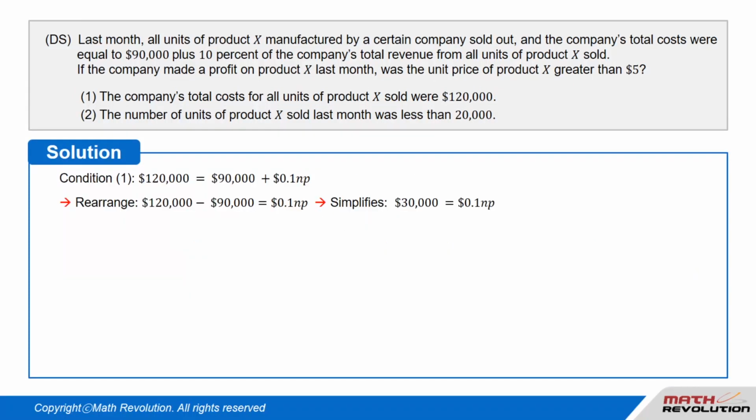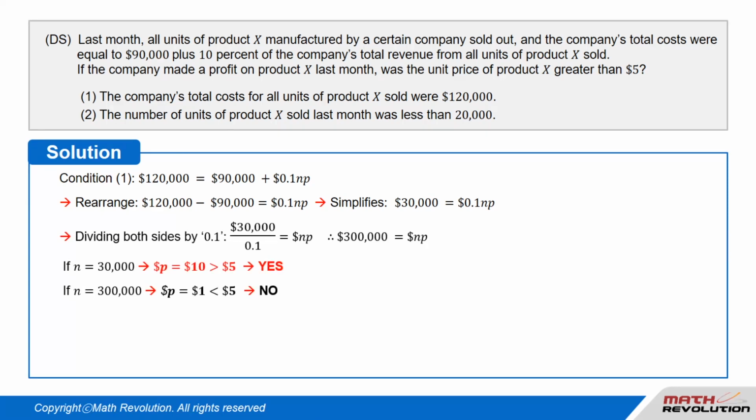Condition 1 tells us that $120,000 equals $90,000 plus $0.1 times n times p. The equation rearranges to give us $120,000 minus $90,000 equals $0.1 times n times p, and simplifies to $30,000 is equal to $0.1 times n times p. Dividing both sides by 0.1 gives us 30,000 over 0.1 equals dollar amount n times p.